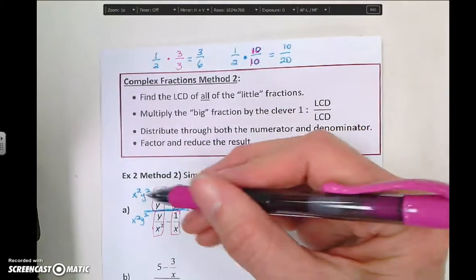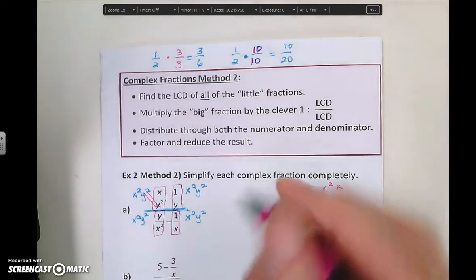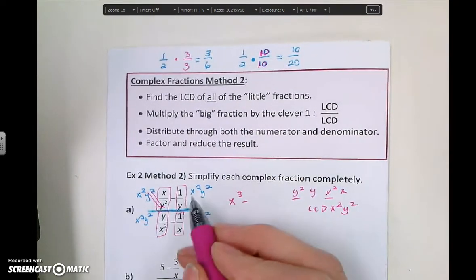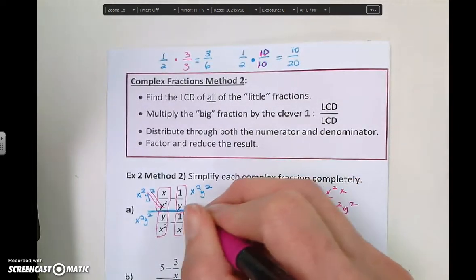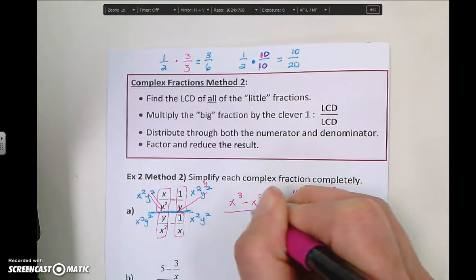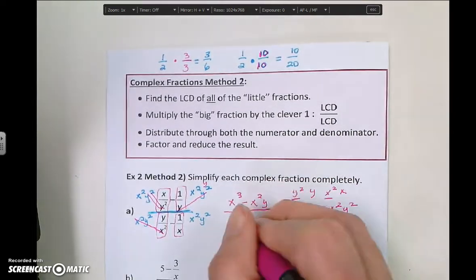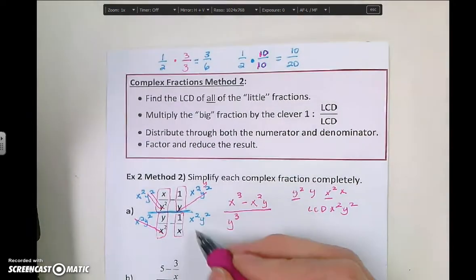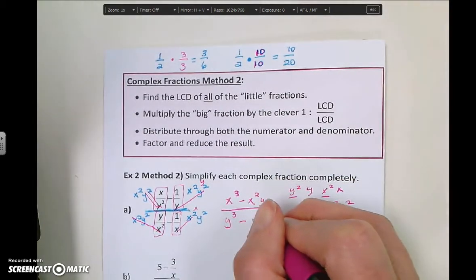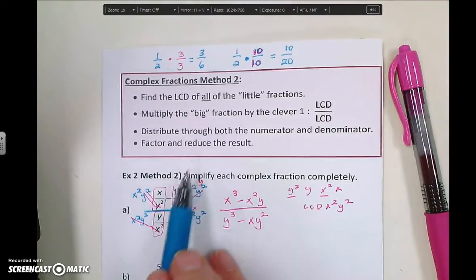All right, so now when I multiply here, you can see my y squareds are going to cancel, and that leaves me with x squared times x, which is x to the 3rd power, minus, when I multiply it times this fraction here, my y's cancel and leave me with 1y, and so I get 1 times x squared y, so I get x squared y, divided by, now I'm going to multiply to the denominator, my x squareds cancel, so I get y squared times y, which is y to the 3rd, and then here my x and x squared cancels to be an x there, so it's 1xy squared, so minus x y squared. The last step is to factor and reduce the results.